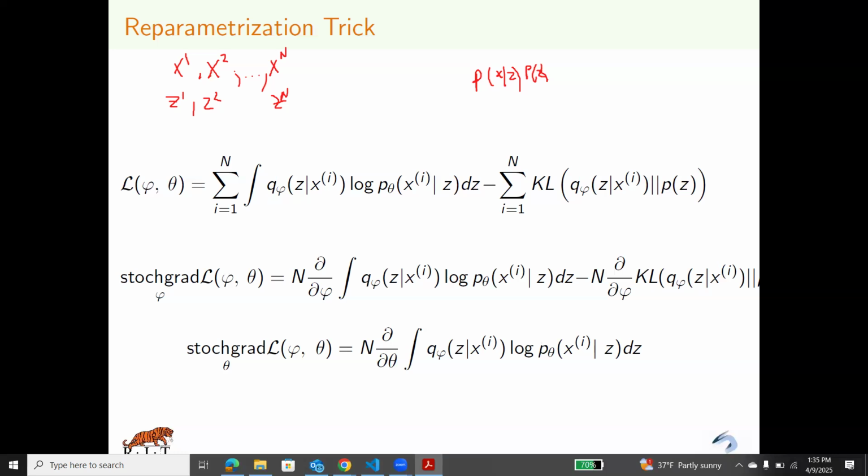You may remember the law of large numbers says that if we have the sum of n random variables, then it converges, if they are sampled from the same distribution, to the mean. And the mean is the expected value of the random variable, and the expected value is the integral of the PDF, the probability density function, times x, but we can also use a function of x here.